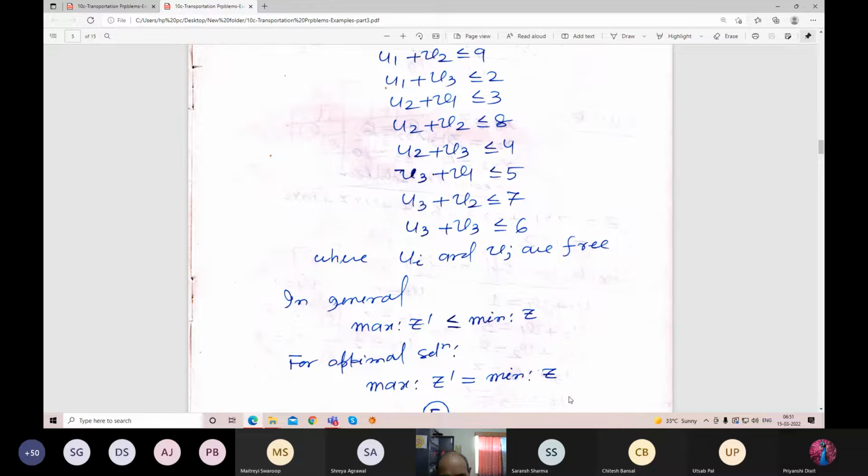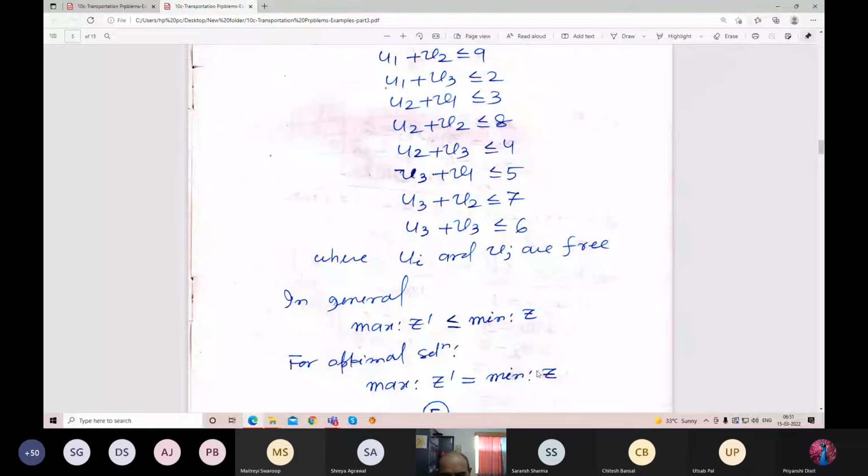This first one is called weak duality and the second one is called strong duality. If the second is fulfilled, then both the primal and dual are optimal. If it is not optimal, generally maximization of z dash is strictly less than minimization of z.